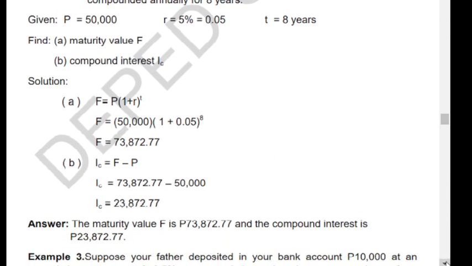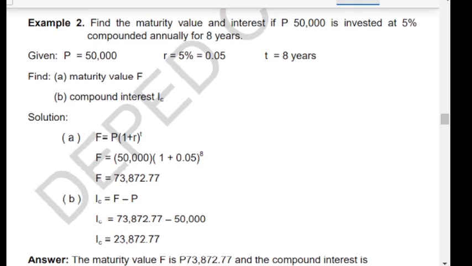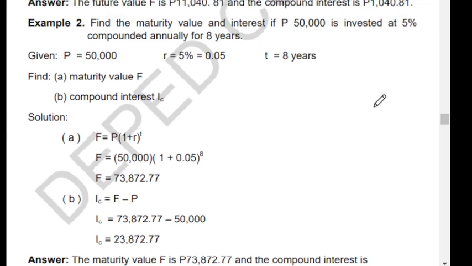We have number 2. Number 2 is find the maturity value and interest if 50,000 pesos is invested at 5% compounded annually for 8 years. So from this, we can say that the given principal is 50,000 pesos.